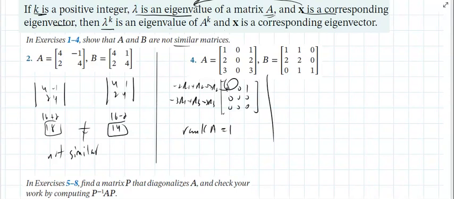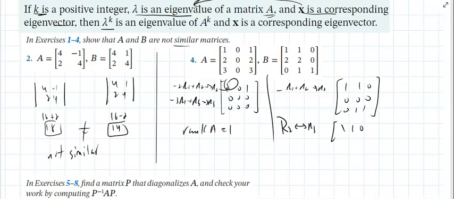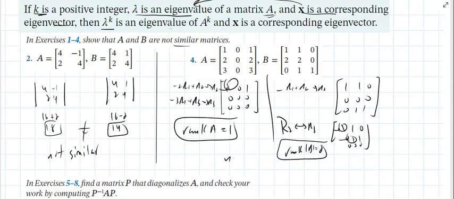Versus here, if I take negative row 1 plus row 2 in row 2, and if I take row 2 switch with R3, the rank of B is 2, not similar.